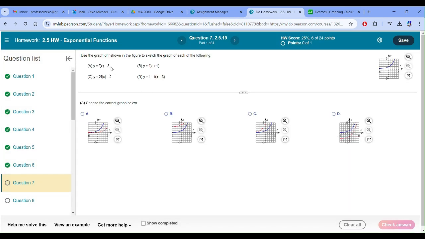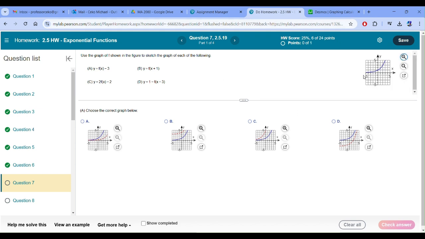Cool. All right. So this graph looks like it is clearly exponential. Oh, I'm sorry. I didn't even understand what this question is asking. This is f of x, so if I make this a little bit bigger, there's f of x. They want me to first apply this rule. If it's -3, the entire graph should be shifted down 3 units.